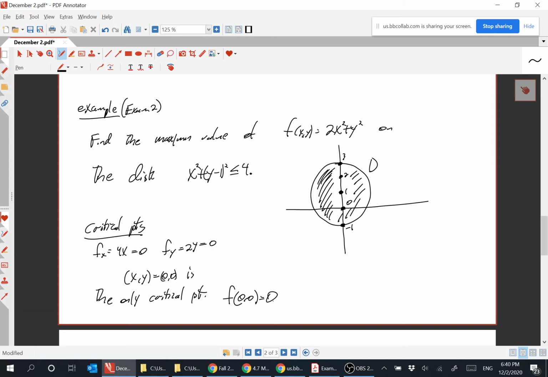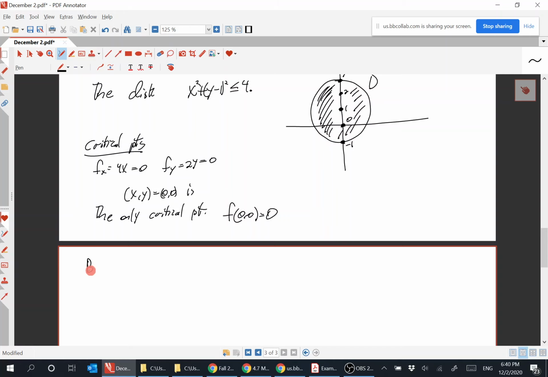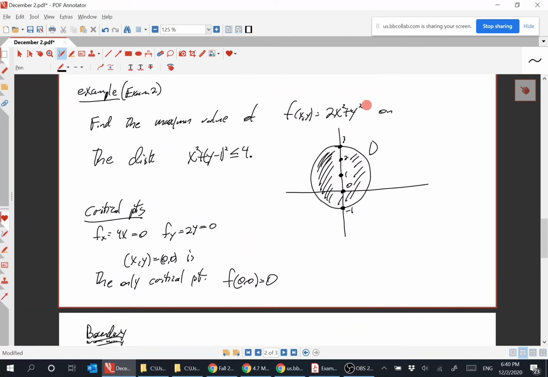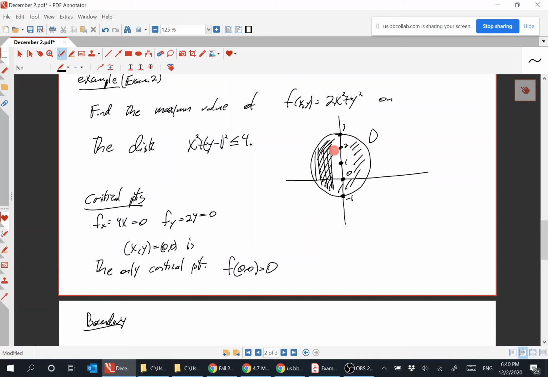All right? Now let's look at the boundary. What is the boundary given by? What is the description of the boundary of this disk? The equation for the circle.